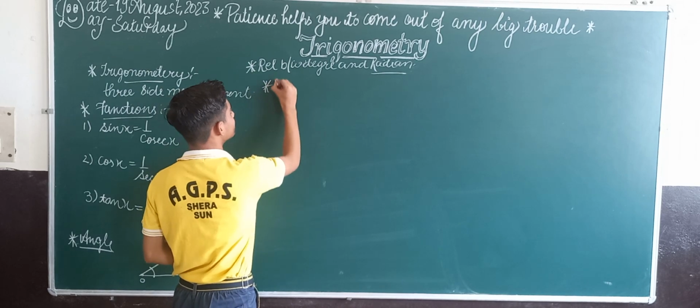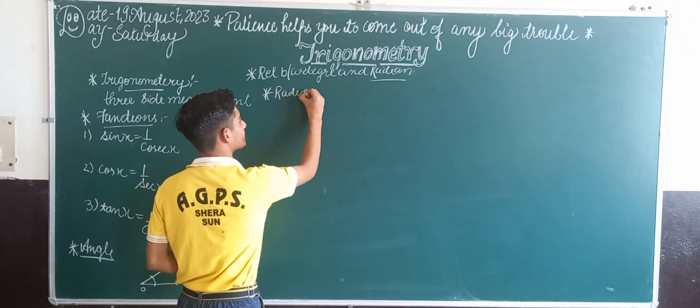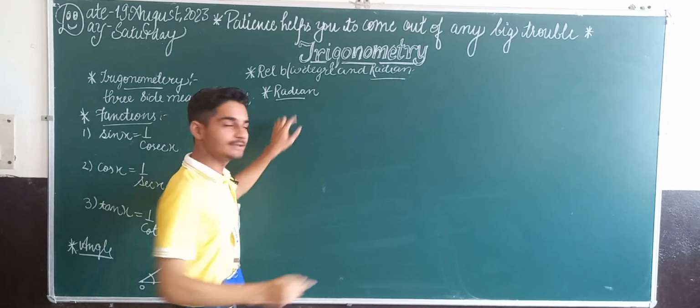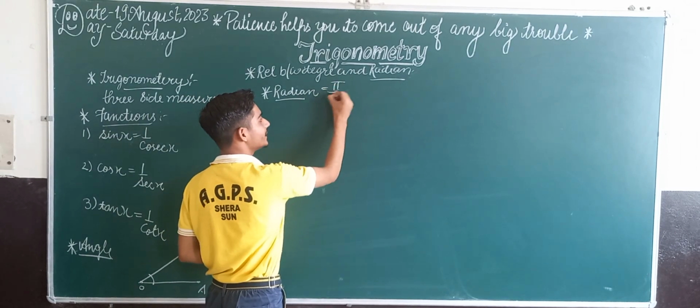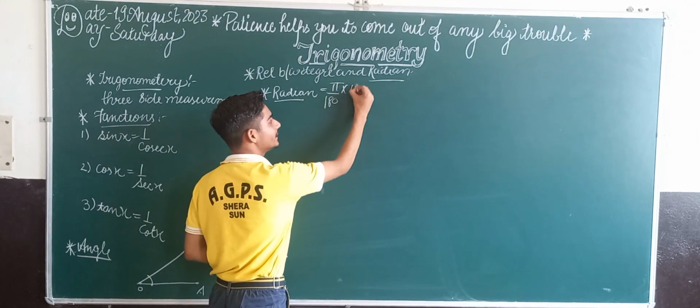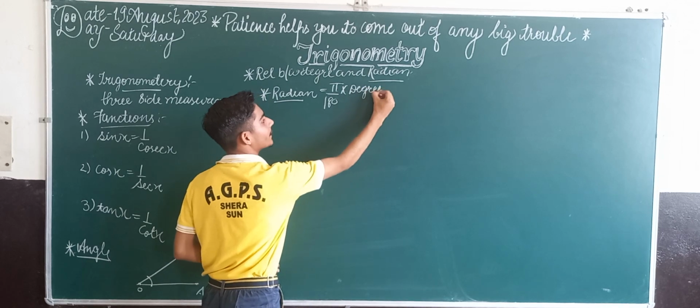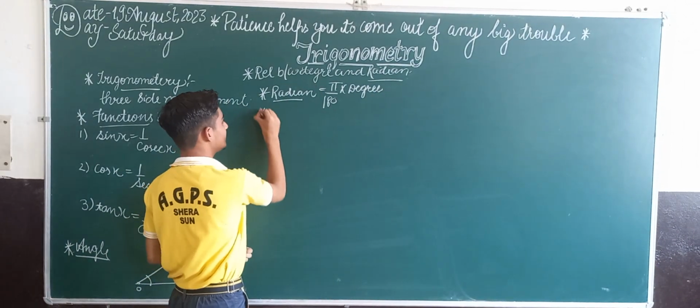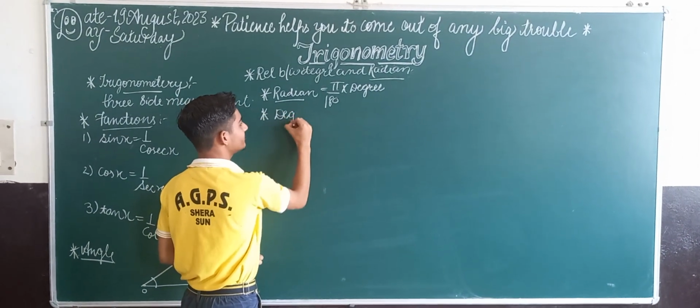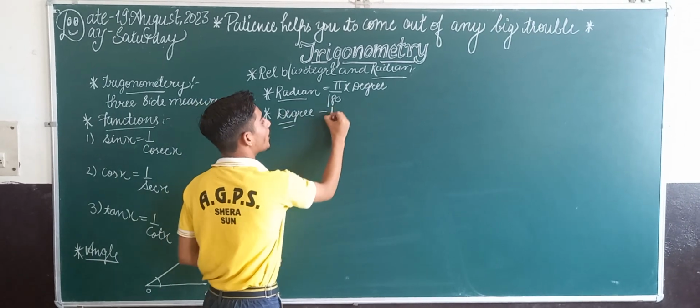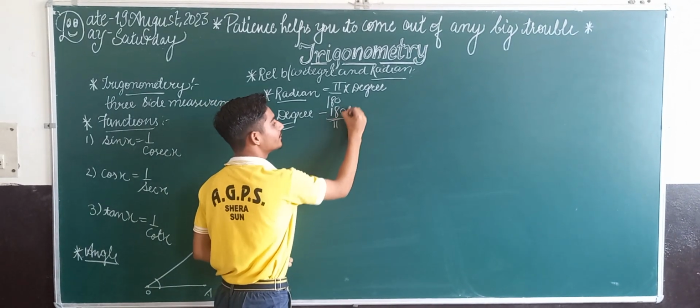Firstly, how to measure radian. Radian is equal to pi by 180 into given degree. And how to measure degree: degree is equal to 180 by pi into given radian.